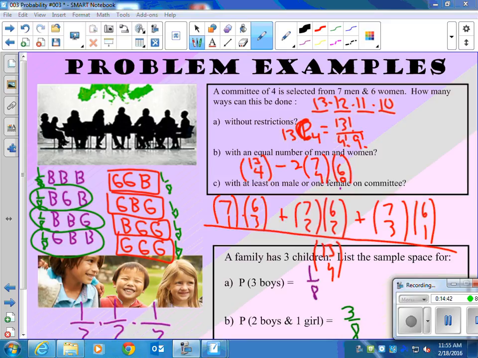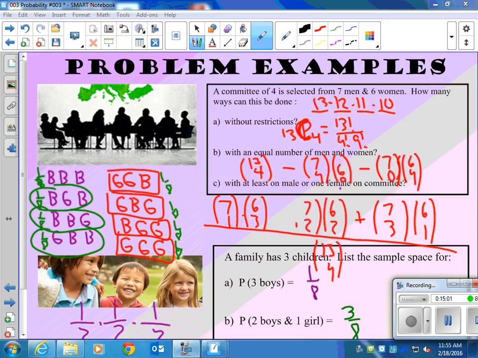I'm wondering if you want to just maybe do minus this, minus 7 choose 0, 6 choose 4. Because I don't think these will be equal. But you're on the right track. So both of these are great.